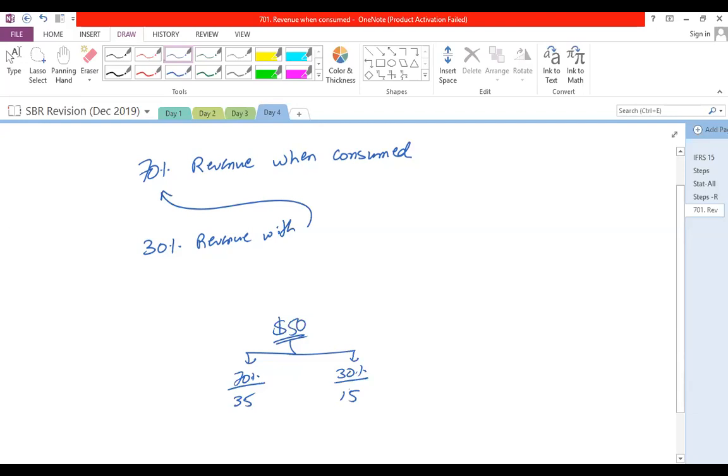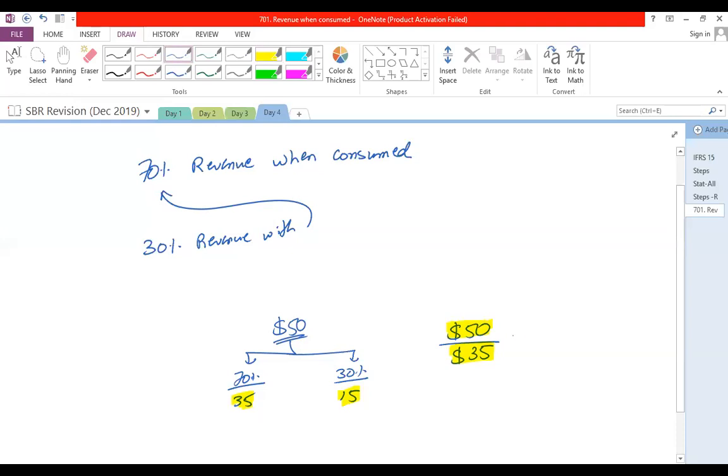So we have to recognize the revenue of $50 on the consumption of $35, so that this 15 can also be recorded along with the 35.